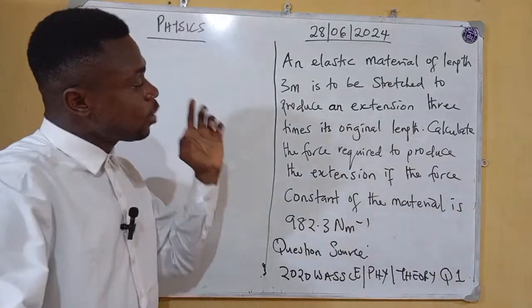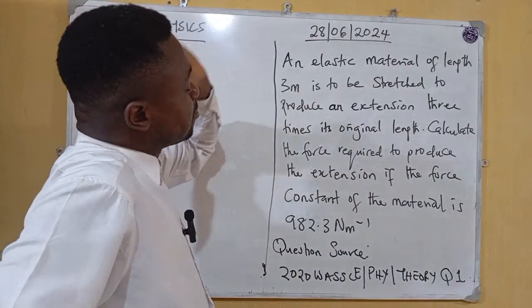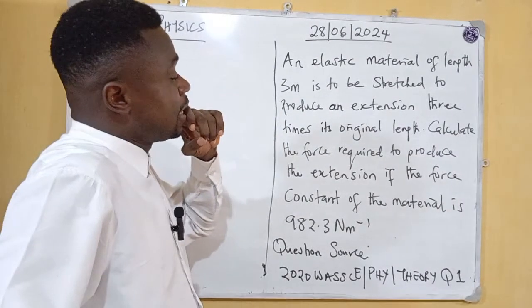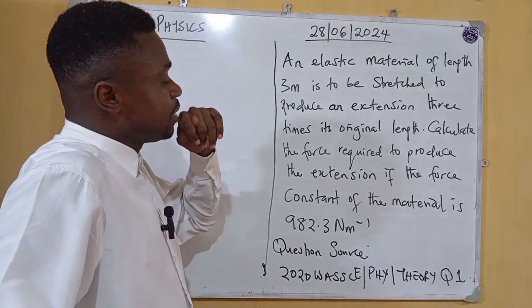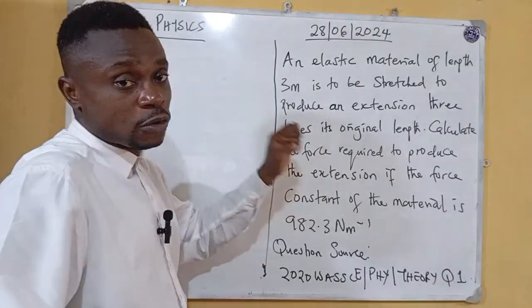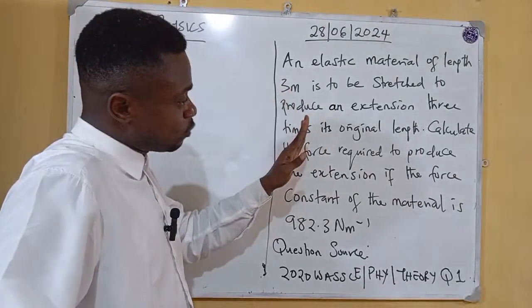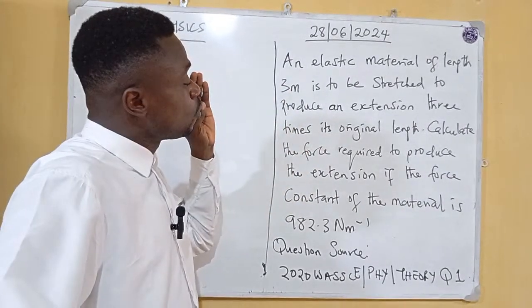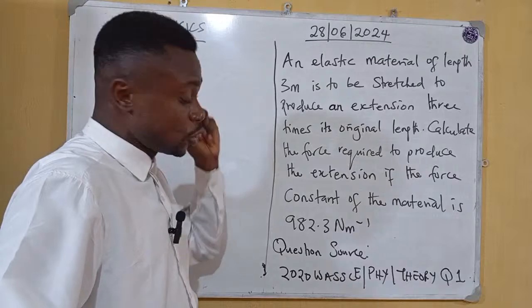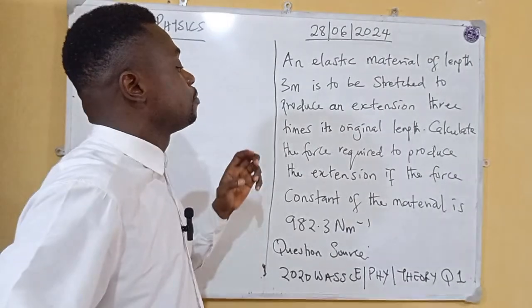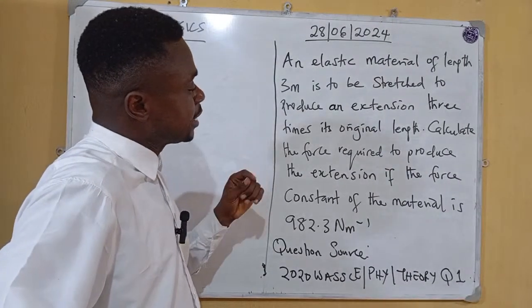Okay, this question talks about elasticity, and specifically Hooke's law. For us to be able to answer this question, we should know Hooke's law. So, what does Hooke's law say?